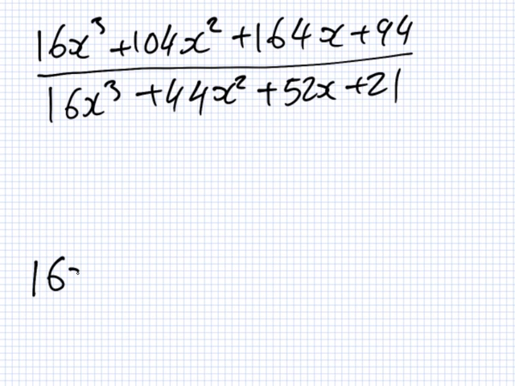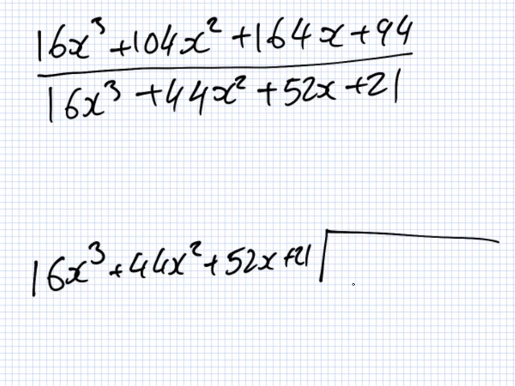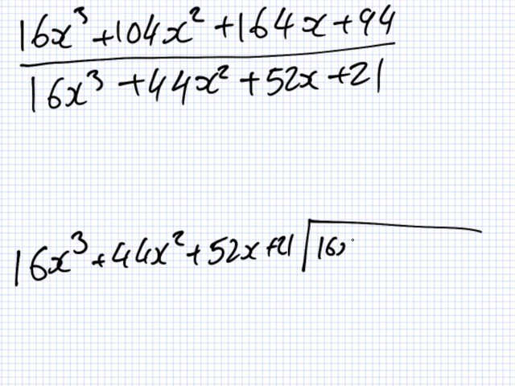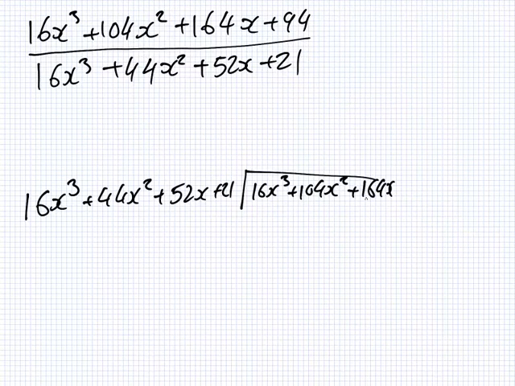So, 16x cubed plus 44x squared plus 52x plus 21 divided into 16x cubed plus 104x squared plus 164x plus 94.